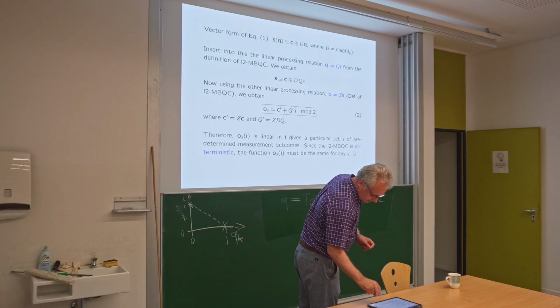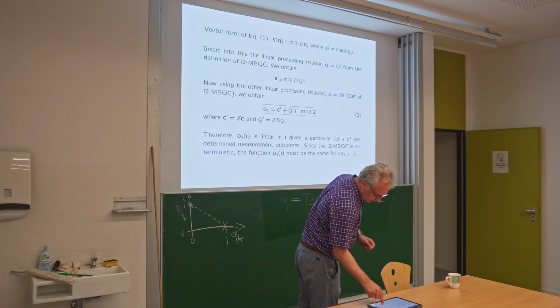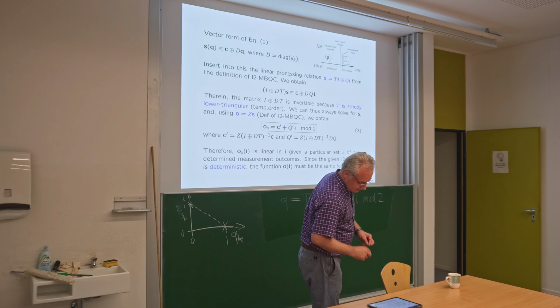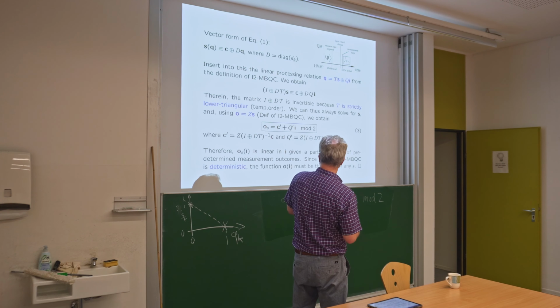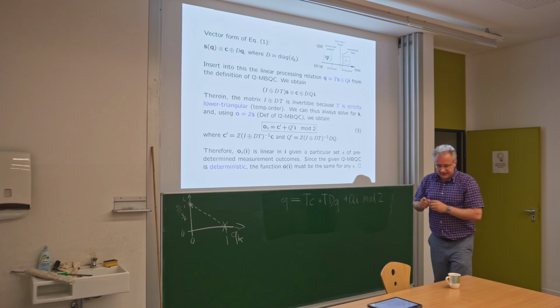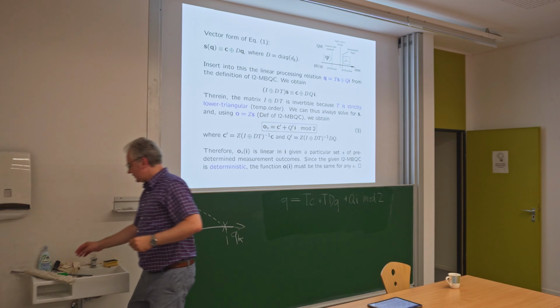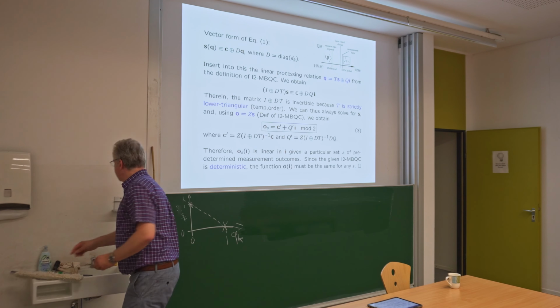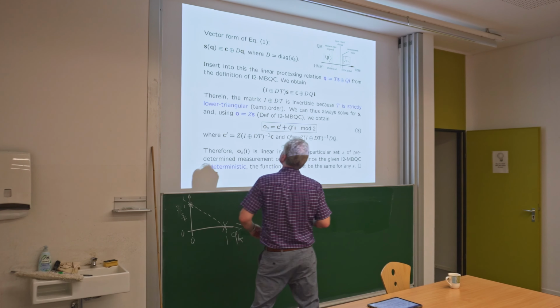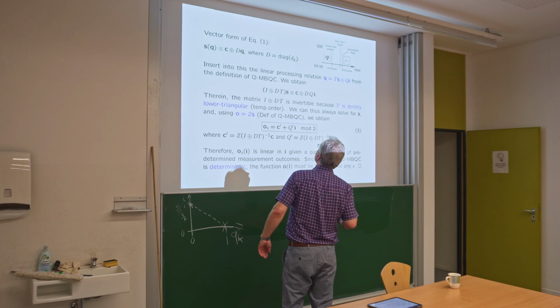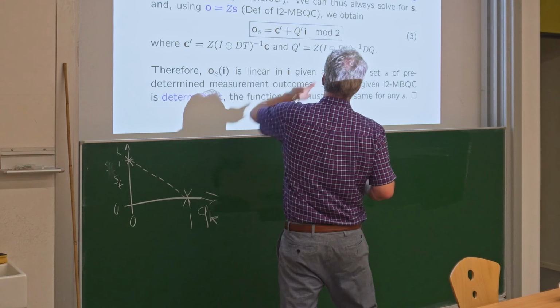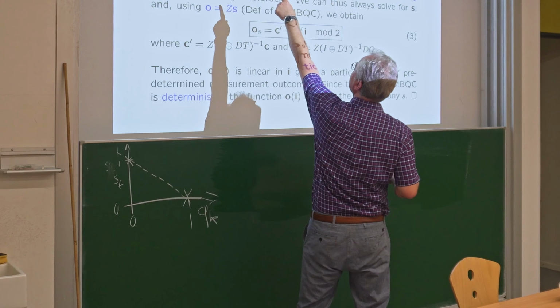Let me go back. Yeah, we wanted to solve for S. Sorry, I did it the wrong way around. We want an equation for S and we want to eliminate Q.